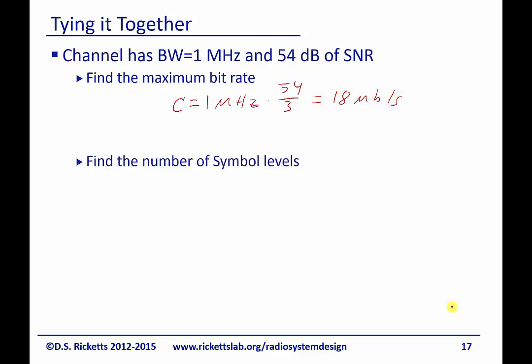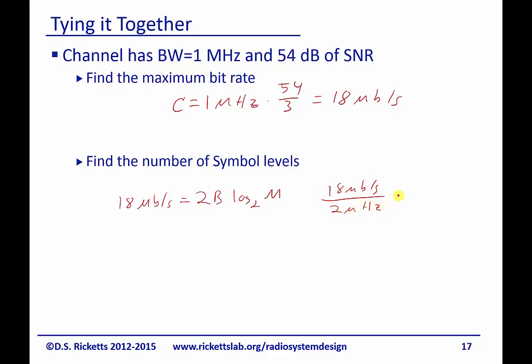Now let's find the number of symbol levels. Remember, we've got 18 megabits per second. And now we're going to go back to the Hartley formula, or Nyquist formula, of 2B log 2 of M. So this is going to be 18 megabits per second over a bandwidth of 2 megahertz, right?